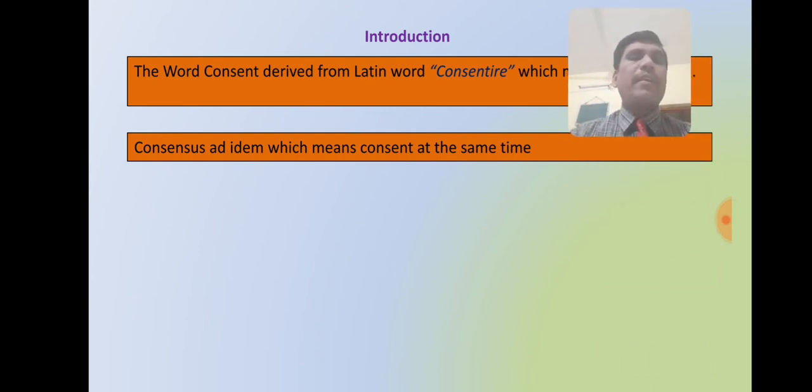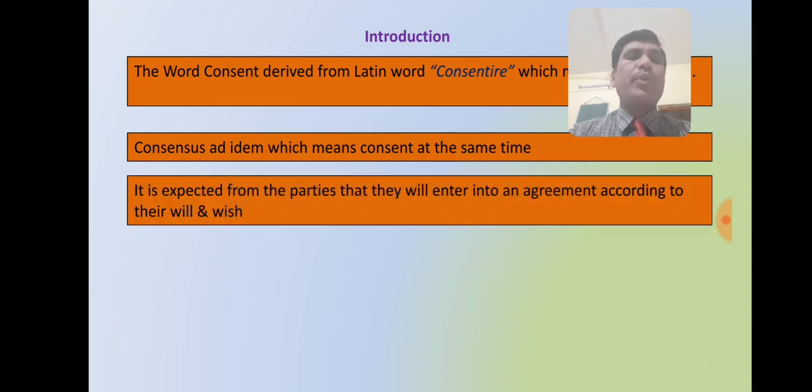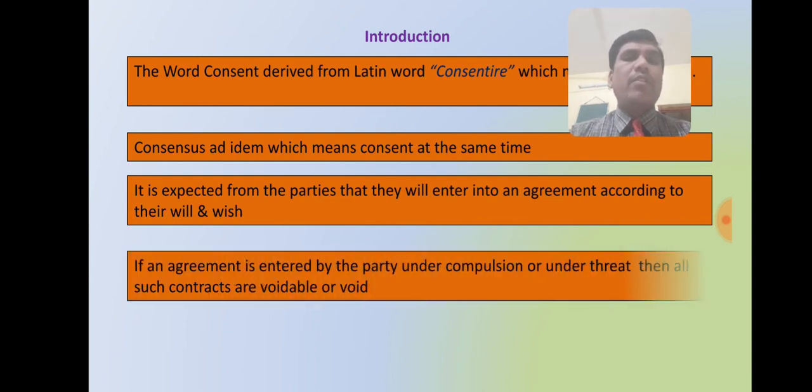It means that the consent of the party shall not be caused by pressure or by threatening them. It should be the will and wish of the parties to enter into the contract. It is expected that they will enter into an agreement according to their will and wish.